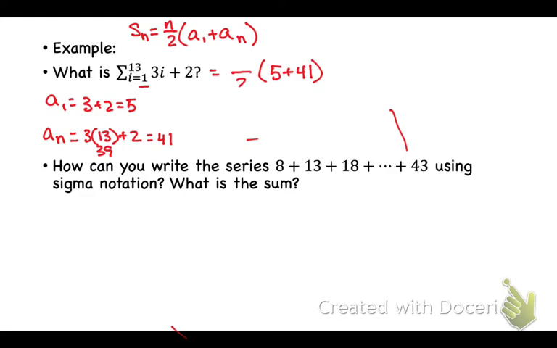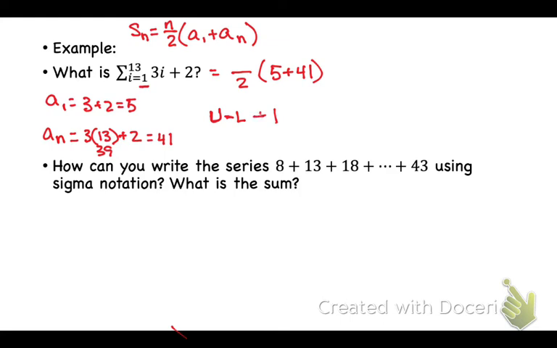Now I need to figure out how many terms there are, right? So remember, upper minus lower plus what? 1. And the reason I'm going to make you do it even though we are starting at 1 is because we don't always start at 1. Got it? What's the upper?